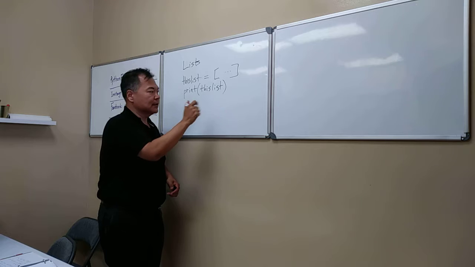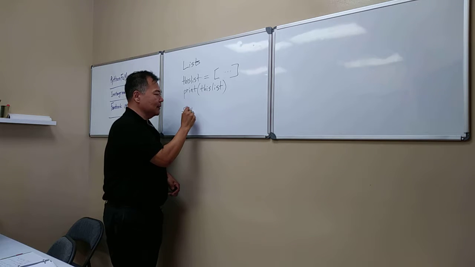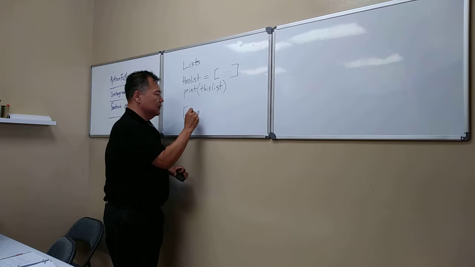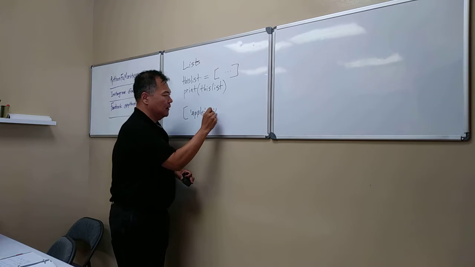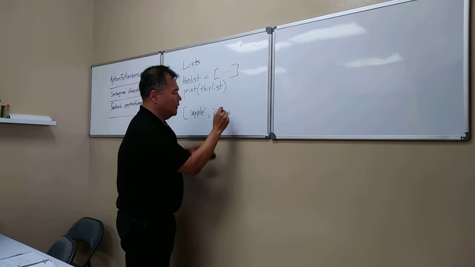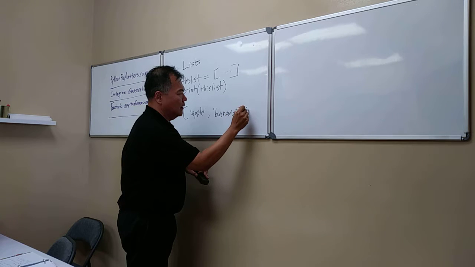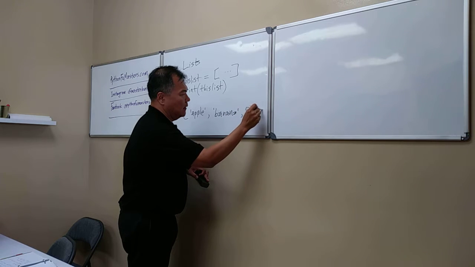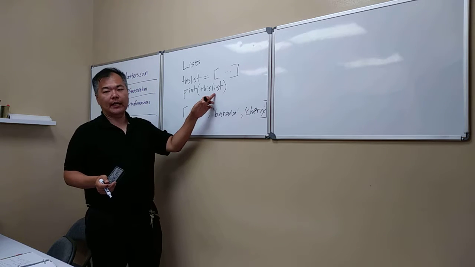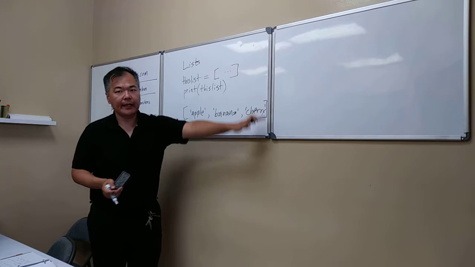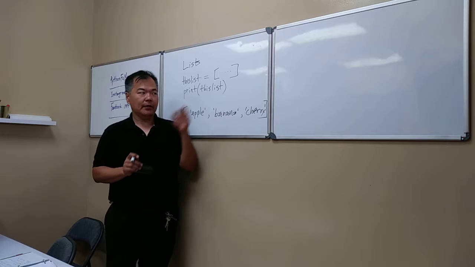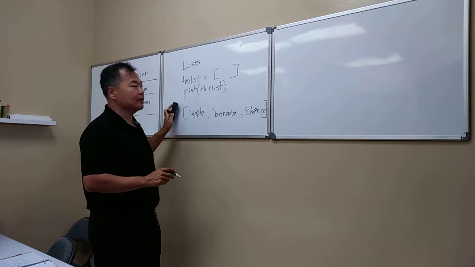When this print command executes, it prints out the exact same thing: you'll see the square brackets, and then in single quotes, apple, comma, banana, comma, cherry. So this is how you would print out a list.